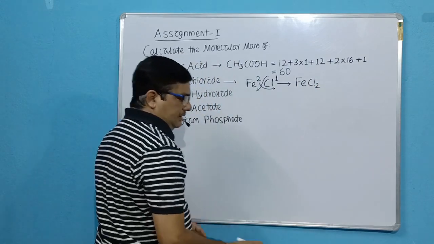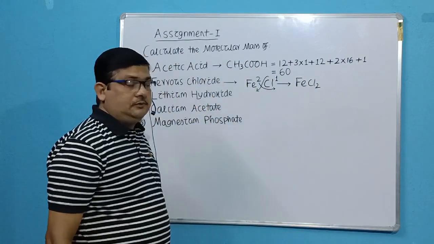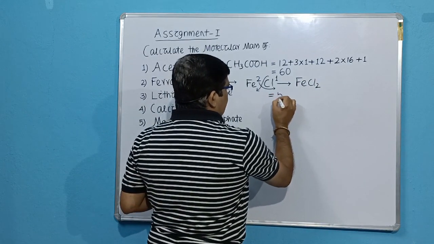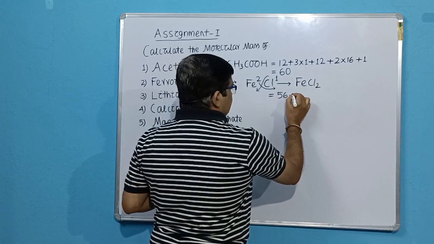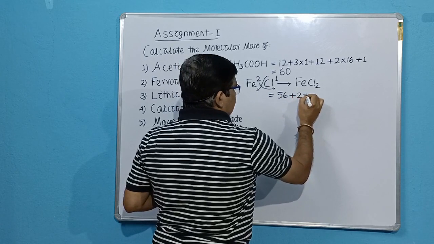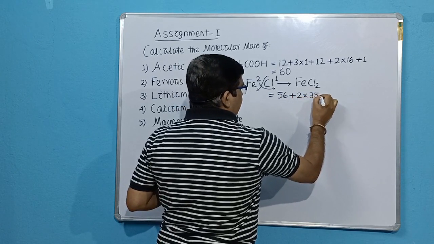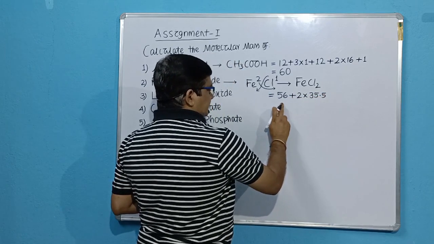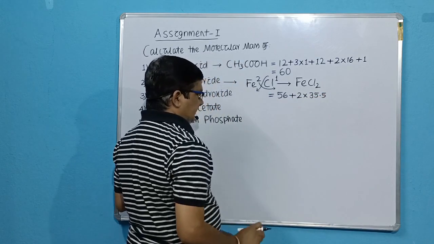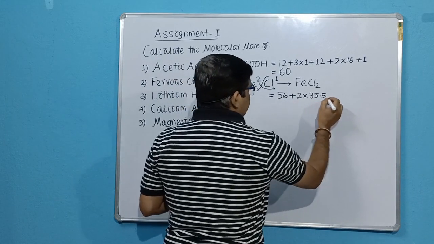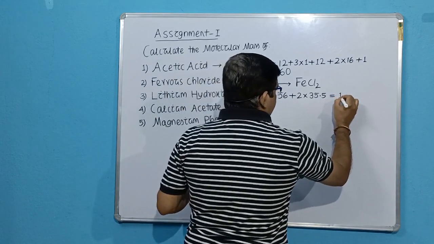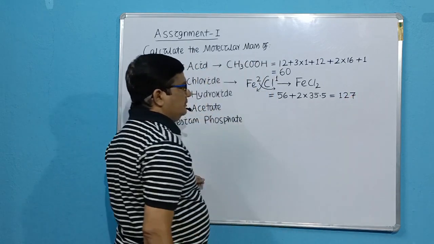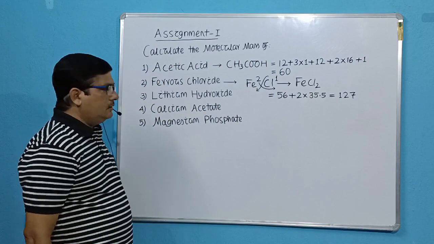Molecular mass: iron is 56 plus 2 chlorine atoms, so 2 into 35.5, that is 71, plus 56, 127. This is the molecular mass of ferrous chloride.